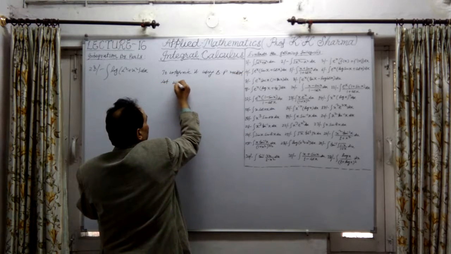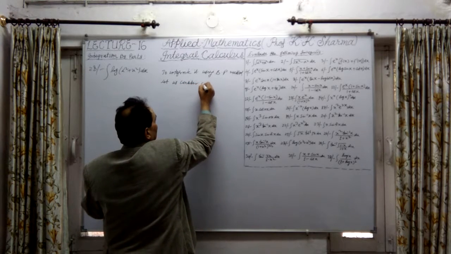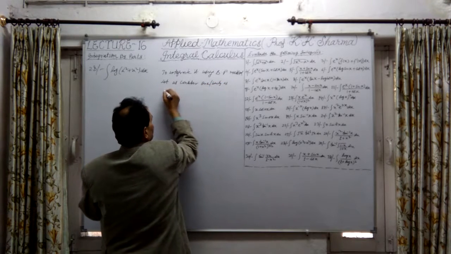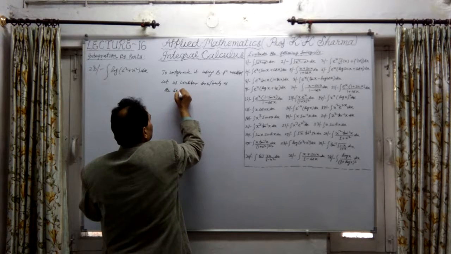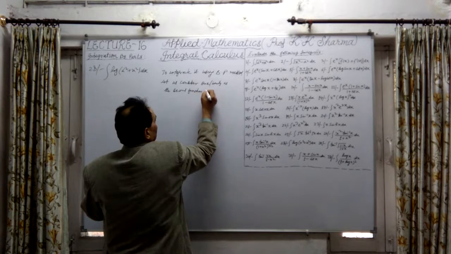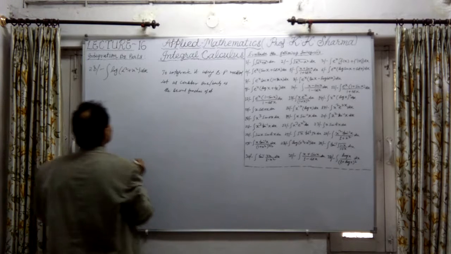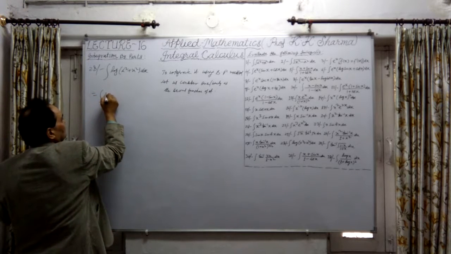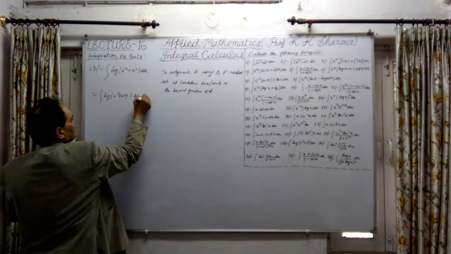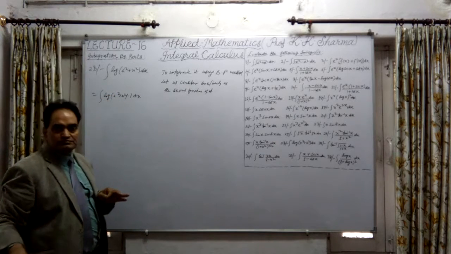Let us consider one or unity as the second function of it. So it will be log of a square plus x square into 1 into dx. Okay, this we have to integrate by using the by parts method.